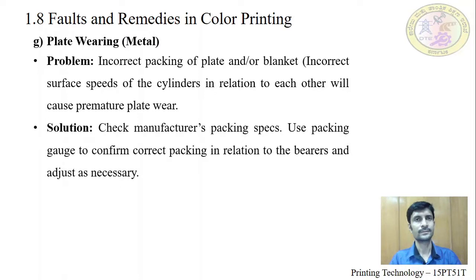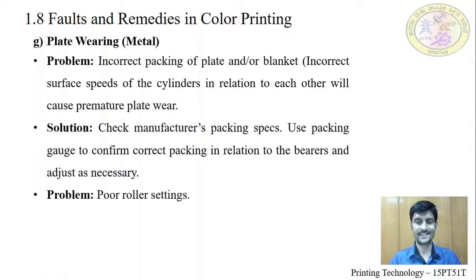The solution is checking the manufacturer's packaging specification for how much packing has to be given to the plate and blanket in relation to the wear. Necessary adjustments have to be done.